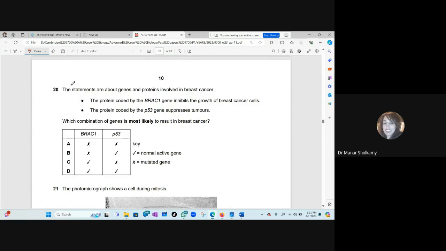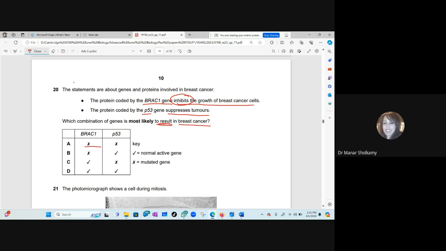20. We are midway. The statements are about genes and proteins involved in breast cancer. The protein coded by the BRCA1 gene inhibits the growth of breast cancer, and the protein coded by the P53 gene suppresses tumors. Which combination of genes is most likely to result in breast cancer?